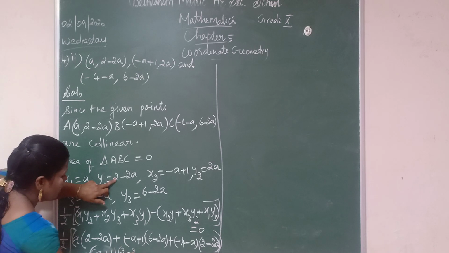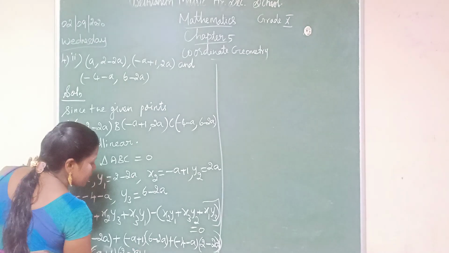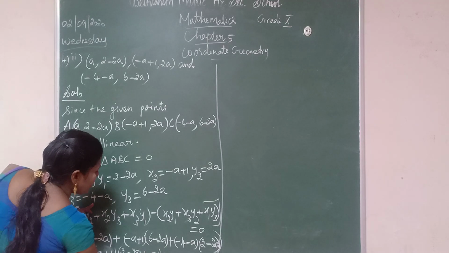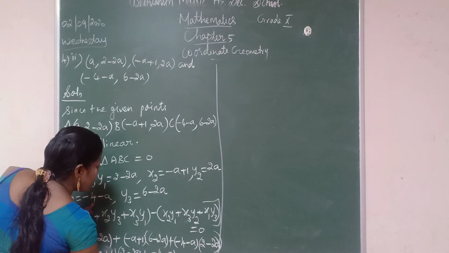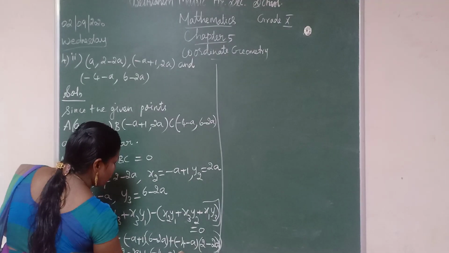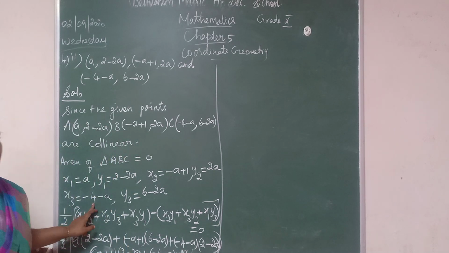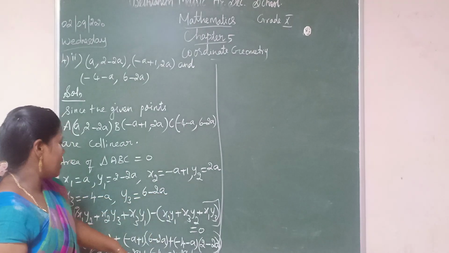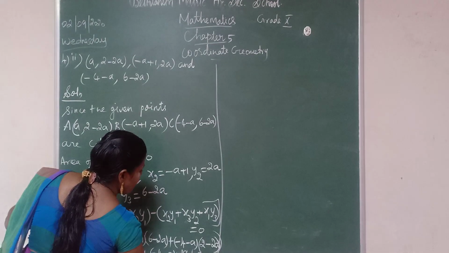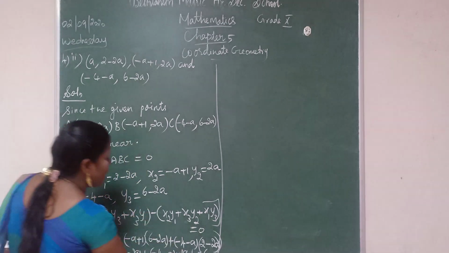Next is plus, as in the formula: then x3 y2. x3 is minus 4 minus a, into y2. What is y2? 2a. Plus, what is the next term? x1 y3. x1 is a, into y3. What is y3? 6 minus 2a.